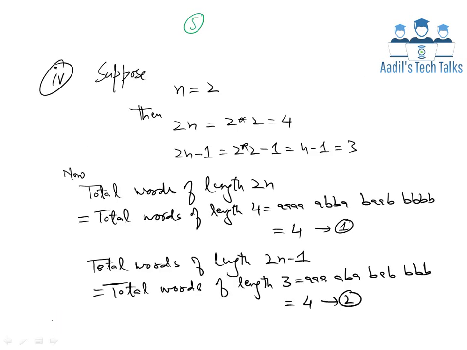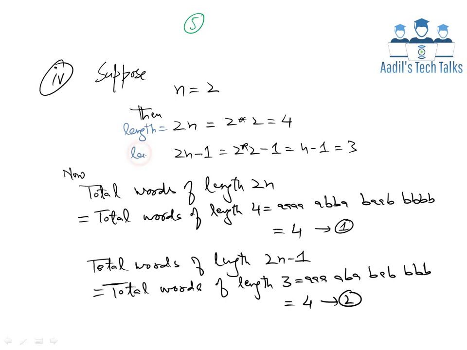The last one is to prove that palindrome has as many words of length 2n as it has of length 2n minus 1. Suppose n is equal to 2. Then the words of length 2n, 2 twos are 4, means those words whose length is 4 will be selected.